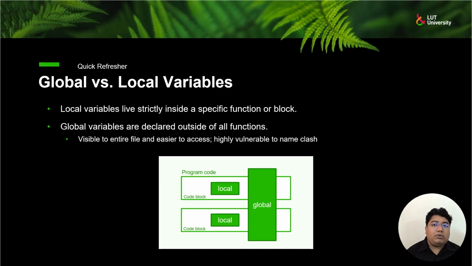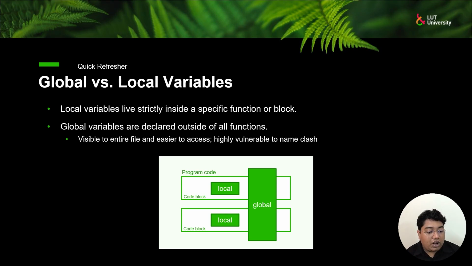A global variable, on the other hand, is different. You declare it outside of any function, and now it's visible to the entire program. That sounds convenient, and sometimes it actually is, but convenience has a cost here.